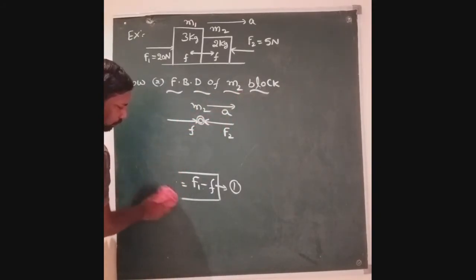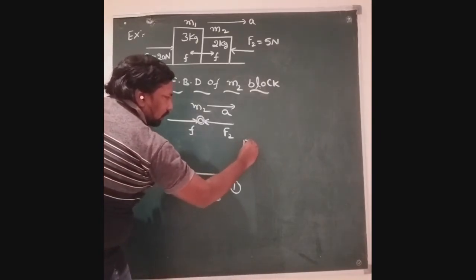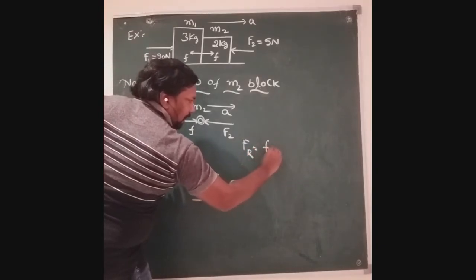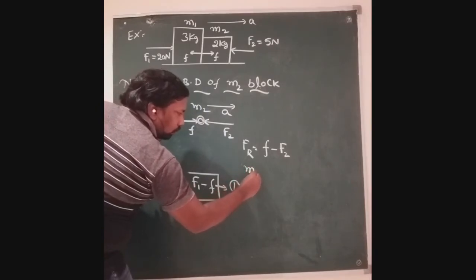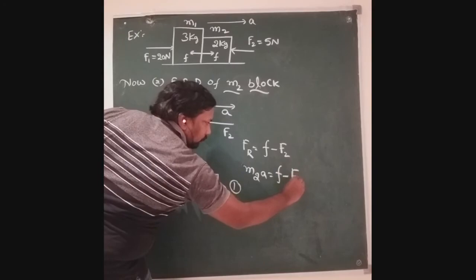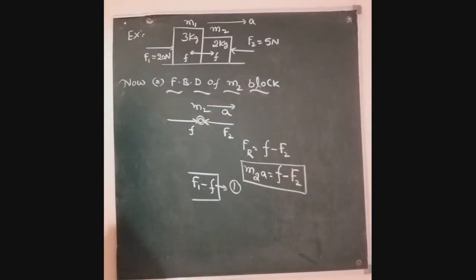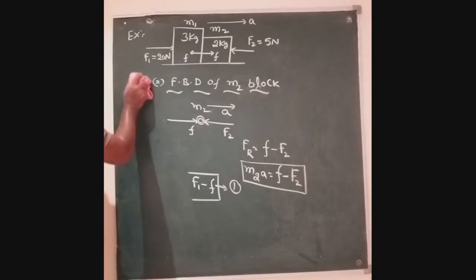Therefore the resultant force Fr equals small f minus F2. According to Newton's second law, M2a equals small f minus F2. This is equation number 2. Now adding equation 1 and equation 2, we get the acceleration.